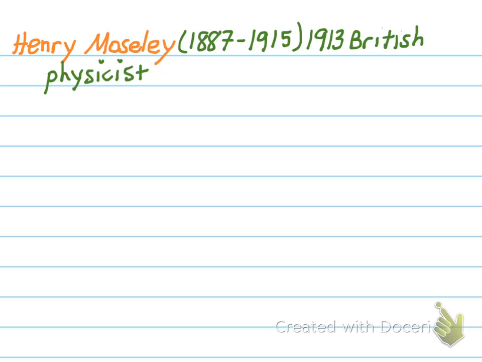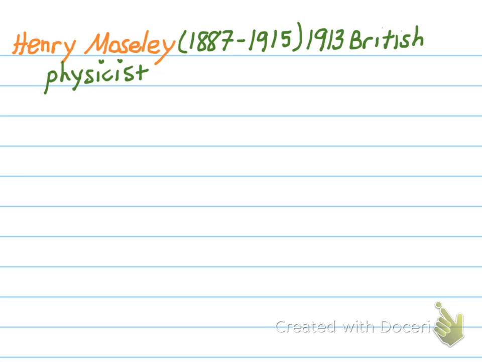Now, remember that when Mendeleev put together the periodic table, he didn't like using atomic mass, and he actually thought that some of the atomic masses were wrong. And remember, he had also left some empty spots for undiscovered elements.